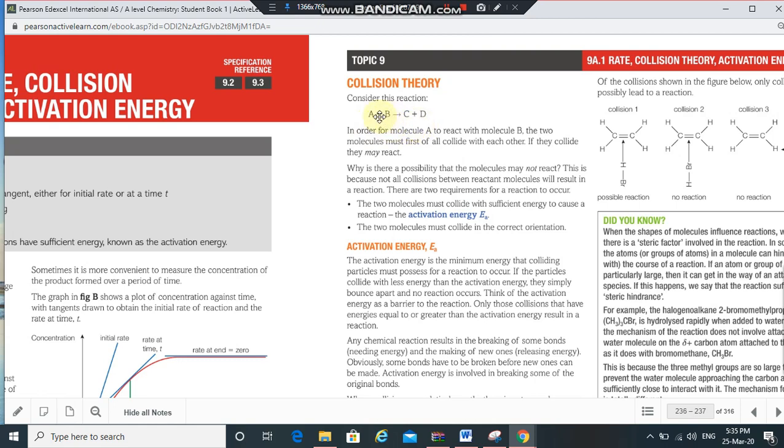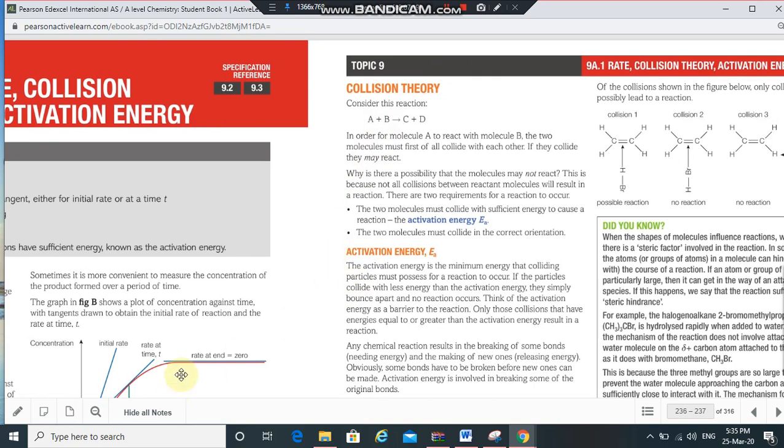In order to have a chemical reaction between A and B, we must have the following. Those molecules must possess a minimum amount of energy. This minimum amount of energy is called what? It's called activation energy. So activation energy is possessed by what? Reactants, in order to react with each other to form products.